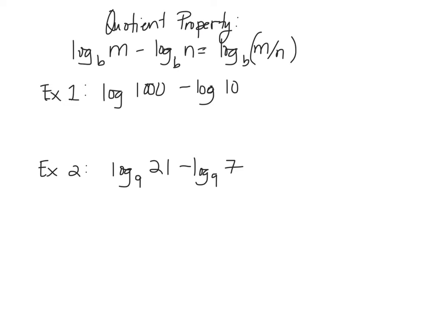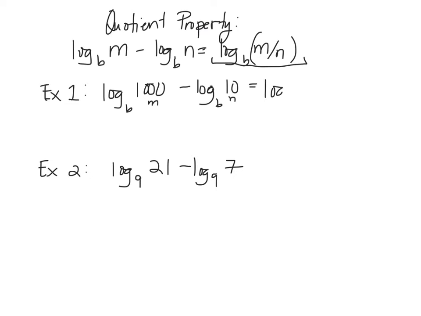In this first problem, we have log of 1,000 minus log of 10. Remember, when you do not see a base, the base can be assumed to be 10. So our b is 10, we just don't see it. This is our m, this is our n. We plug the b, m, and n into the formula.